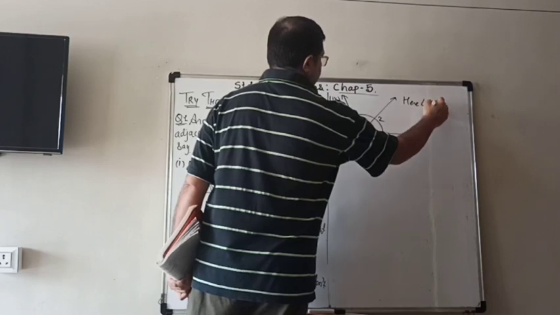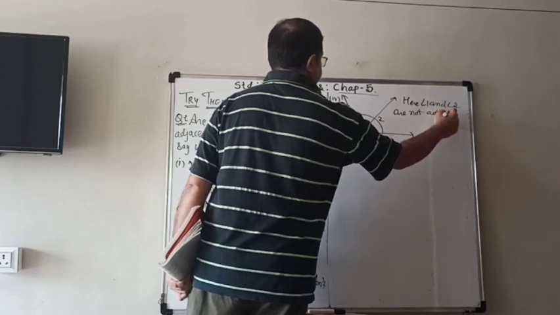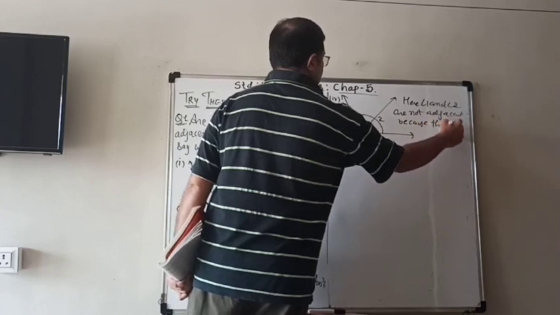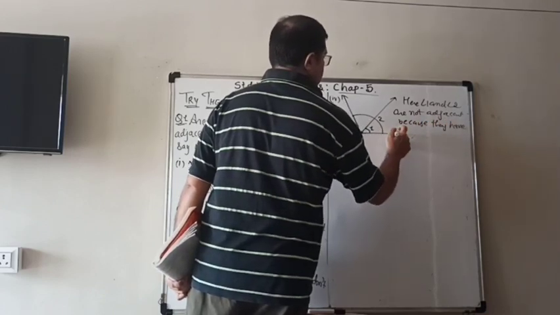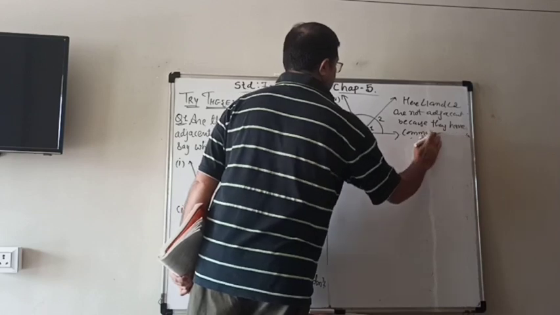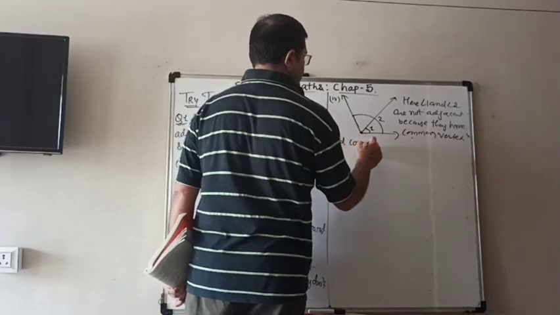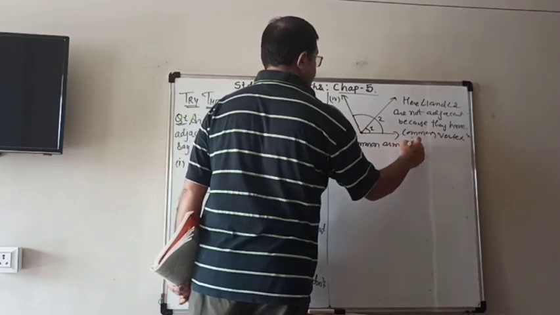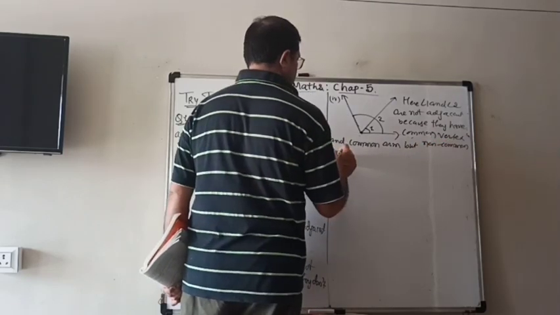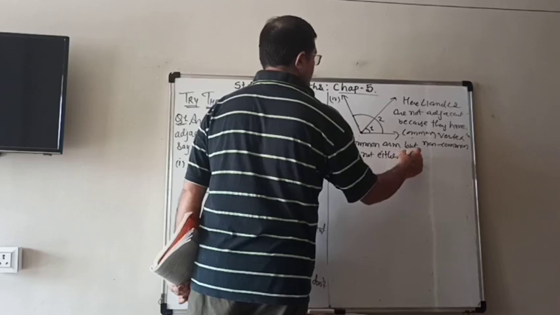So here angle 1 and angle 2 are not adjacent, because they have a common vertex and a common arm, but the non-common arms are not on either side of the common arm.